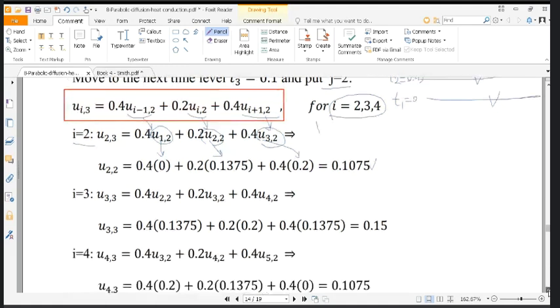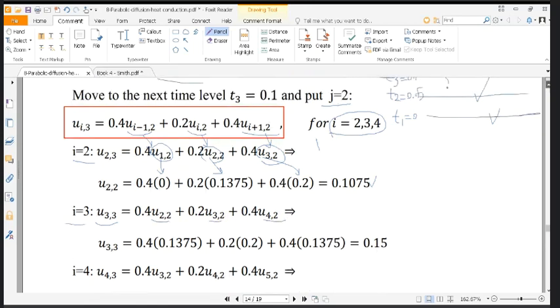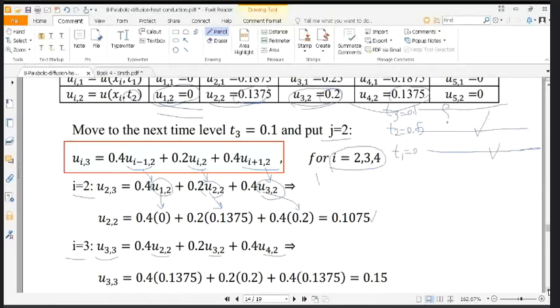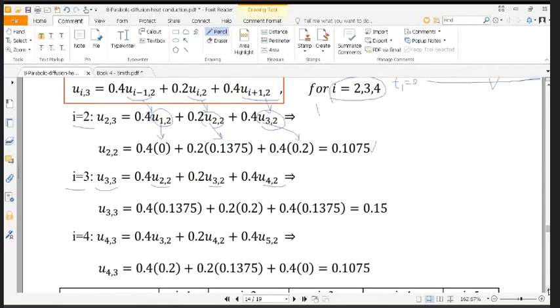Then we put I equal to 3 and the value of u at 3 is obtained. We need the values of u2 and 2, u3 and 2, and u4 and 2, and the values of these u are presented in this table. We replace these values and then we have the value of u3 and 3. A similar way is used for I equal to 4 and we can compute u4 and 3.